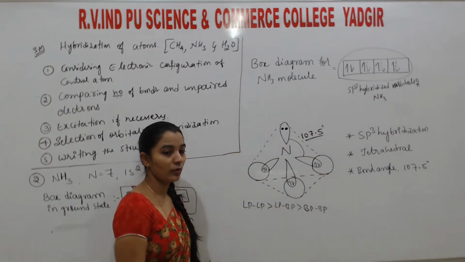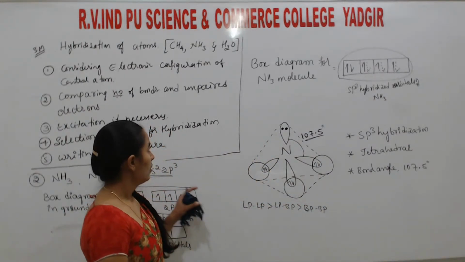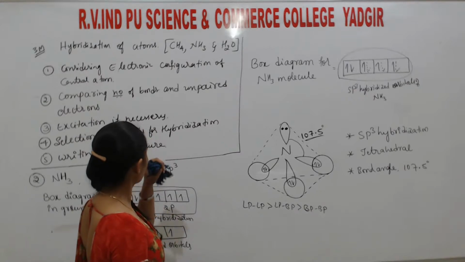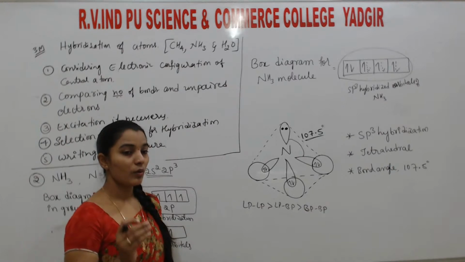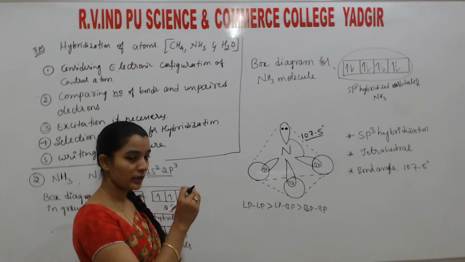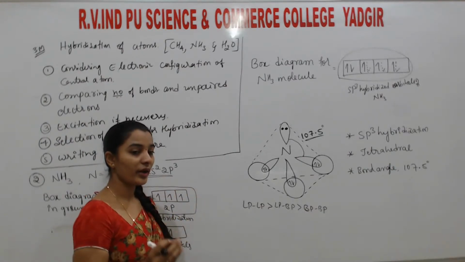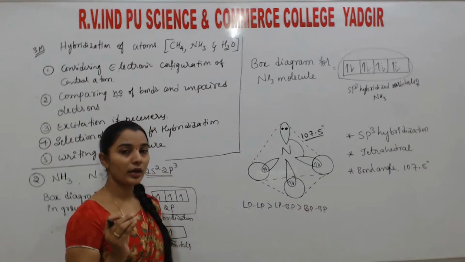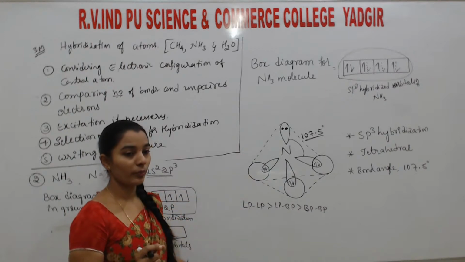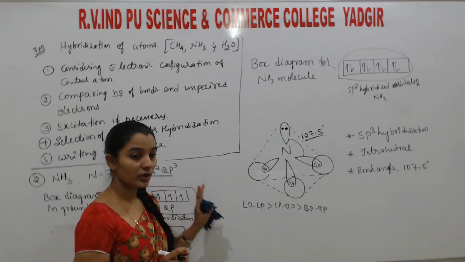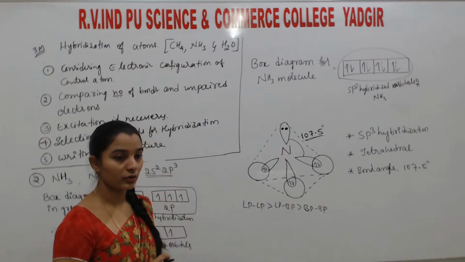Okay, so this is all about the NH3 molecule. So students, there may be a question: why is the bond angle of ammonia 107.5 degree instead of 109.5 degree? The reason is the presence of one lone pair of electrons. Okay, so this is all about the structure of ammonia molecule.